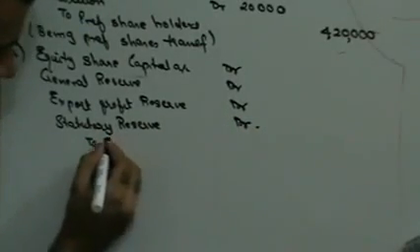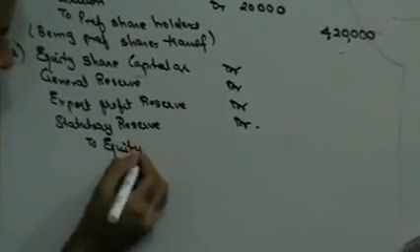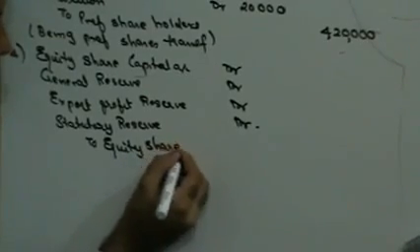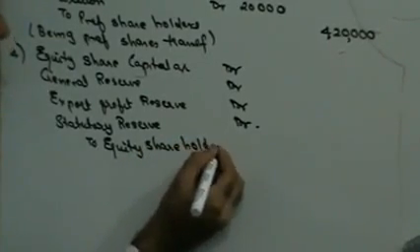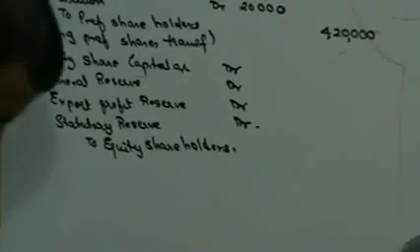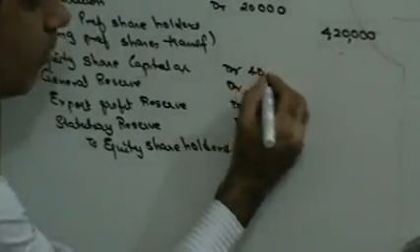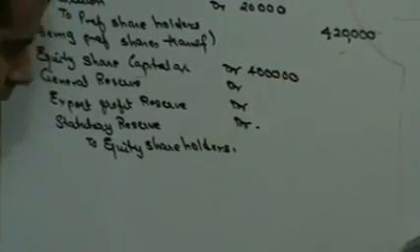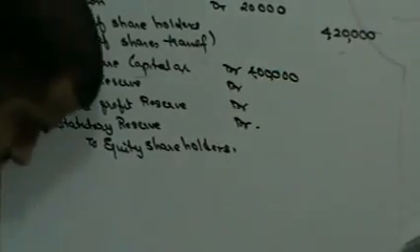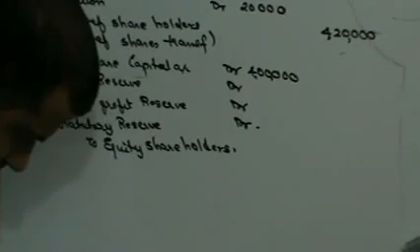To equity shareholders. Right? Equity share capital is 4 lakhs. Then you have general reserve is 1 lakh.